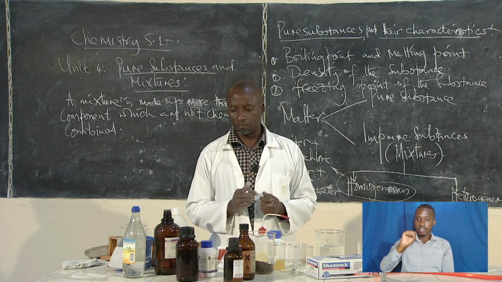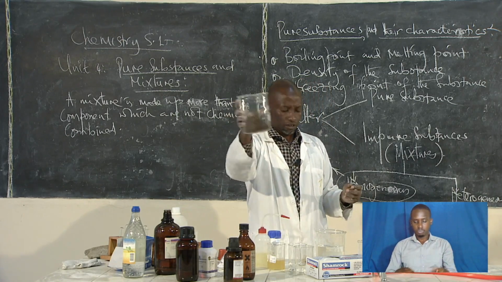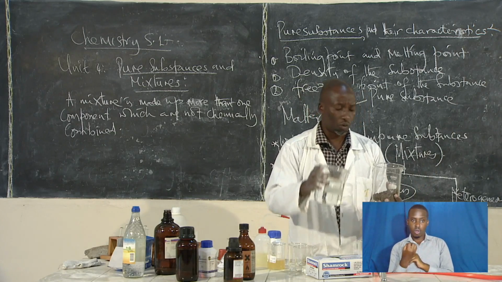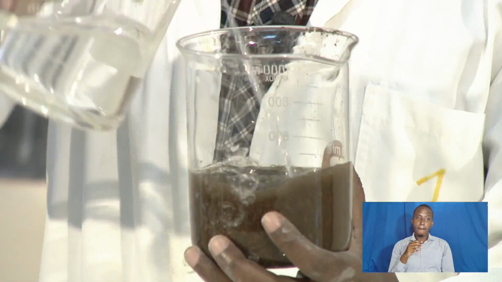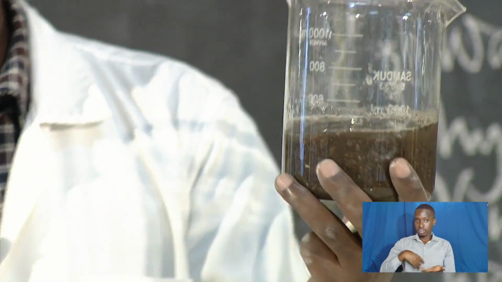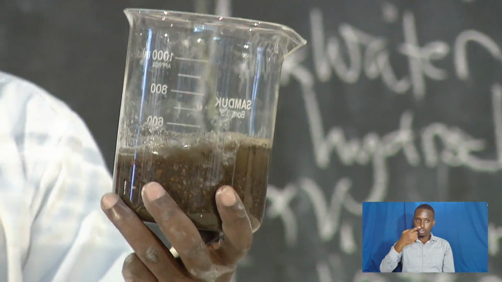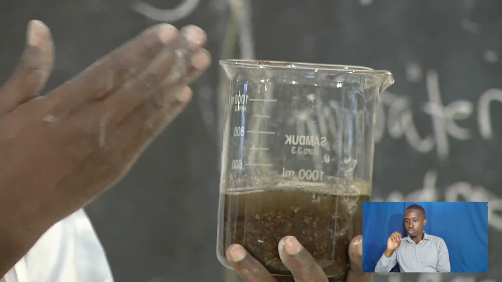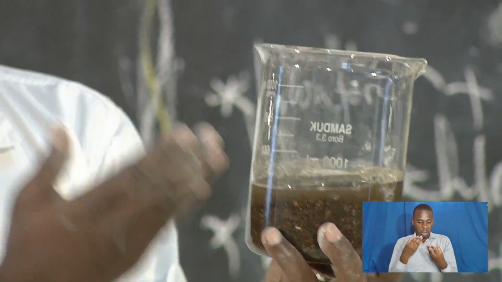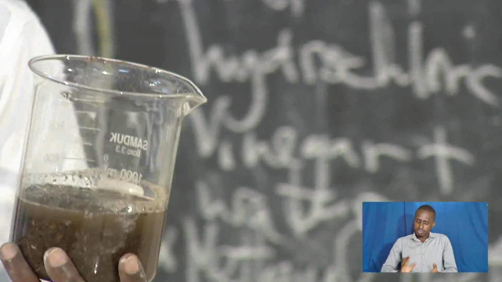For example, this is sand. If I put the water here, this makes a mixture that is heterogeneous, solid and liquid. This one can be easily separated because sand does not react with the water.